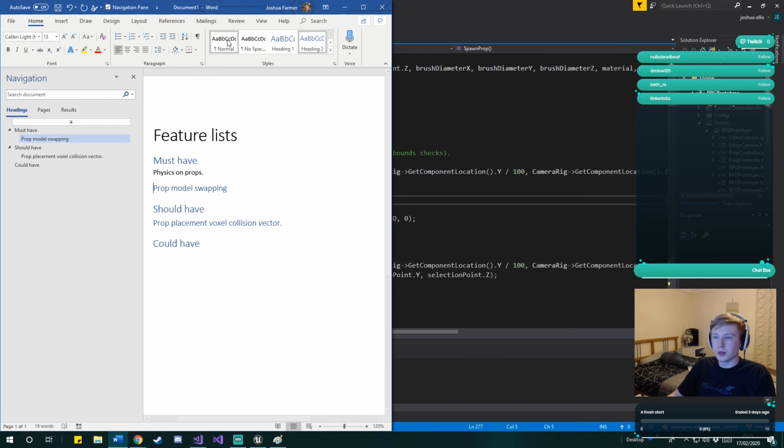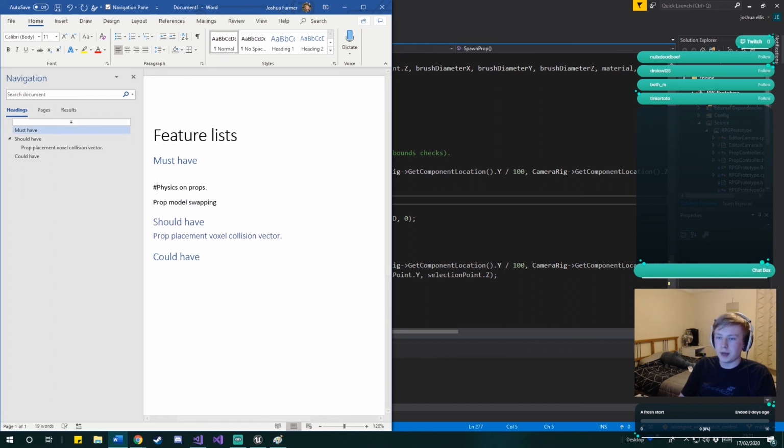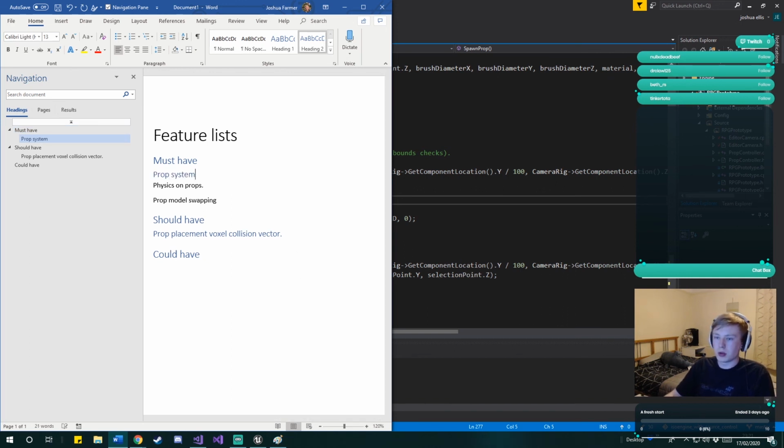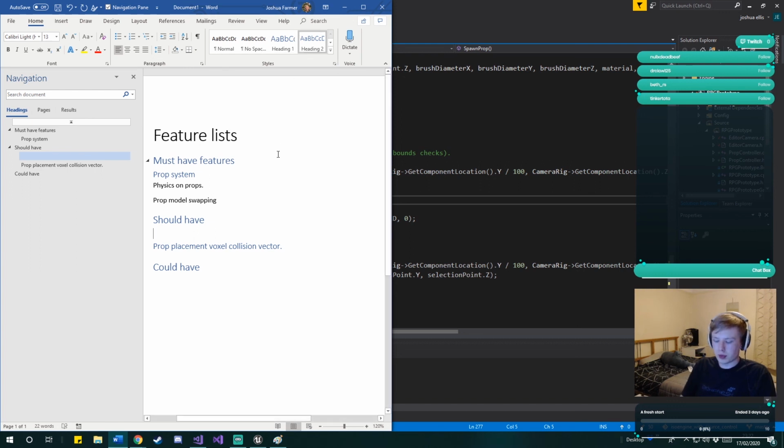Those will be normal, and I'll have heading 2, which is prop system. Same for down here. Back to normal.